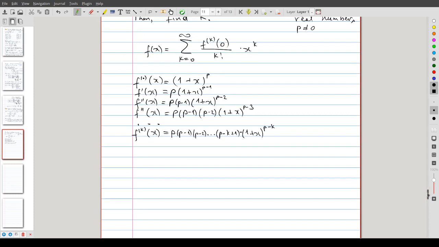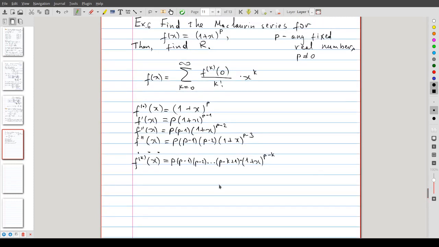Great. Now, in order to use these derivatives in the formula for the Maclaurin series, we need to evaluate them at 0. The 0th derivative at 0 is 1 to the p, so that would be 1. The first derivative at 0 is p times 1 to the p minus 1, so that would be p.